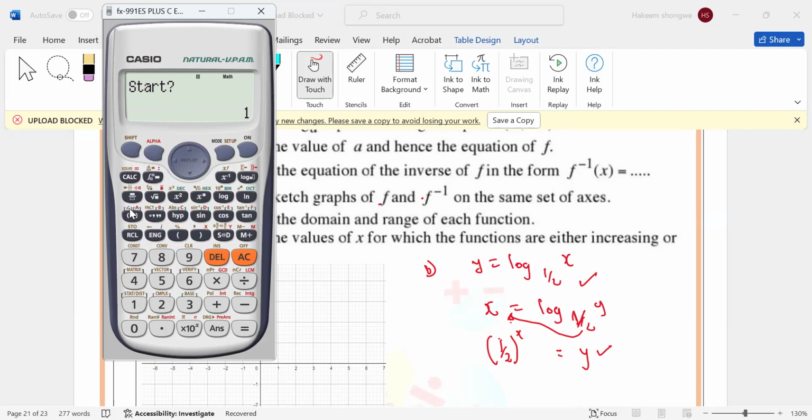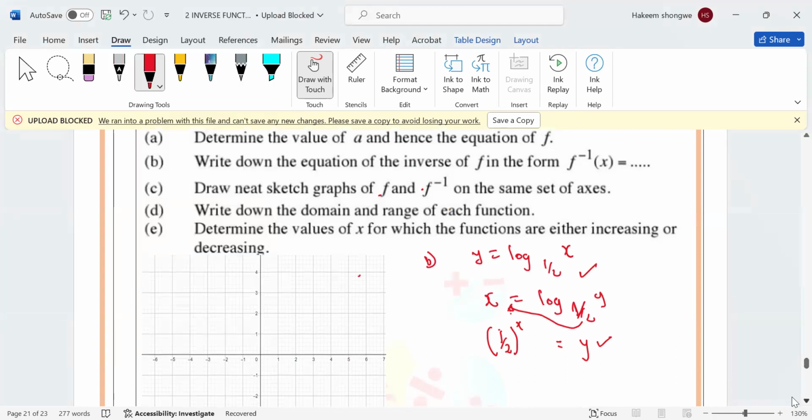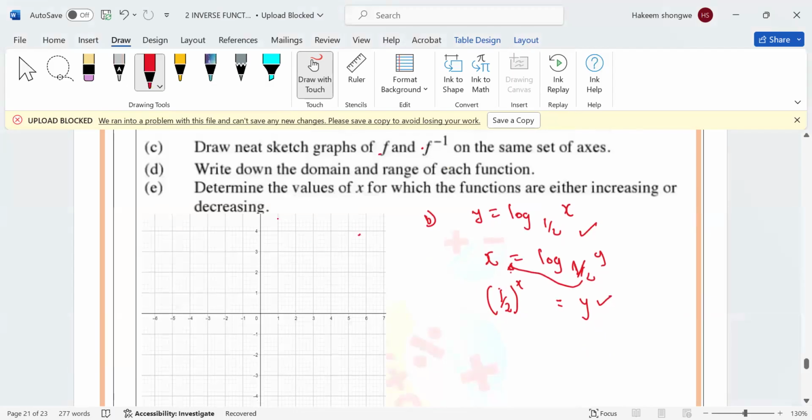Then you can start at -3 and end at whatever, doesn't matter. Let's check if we have -3 and 8. We don't have 8 on our graph paper.